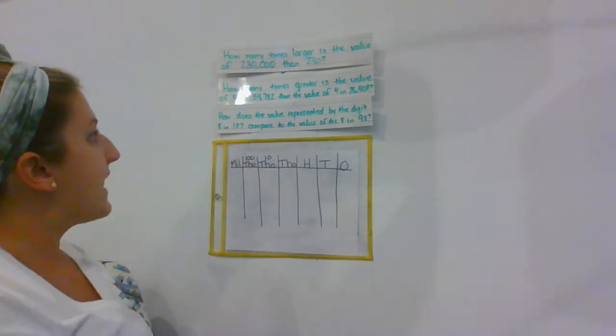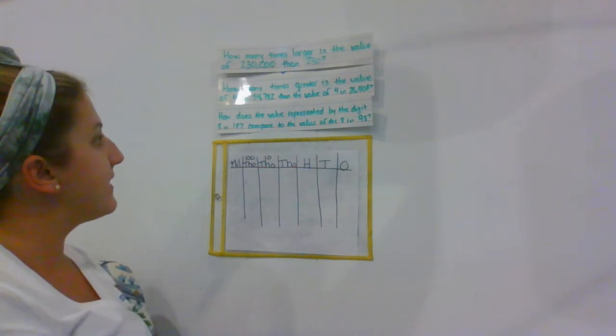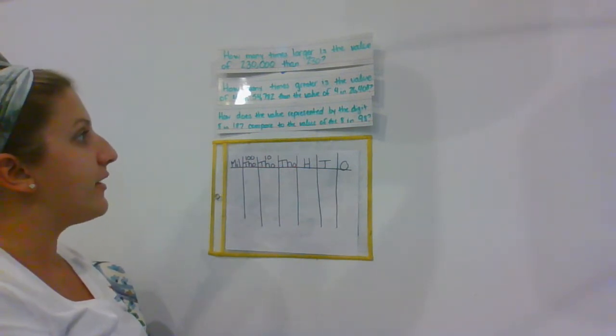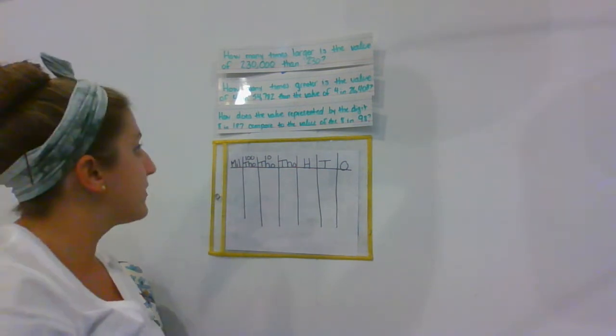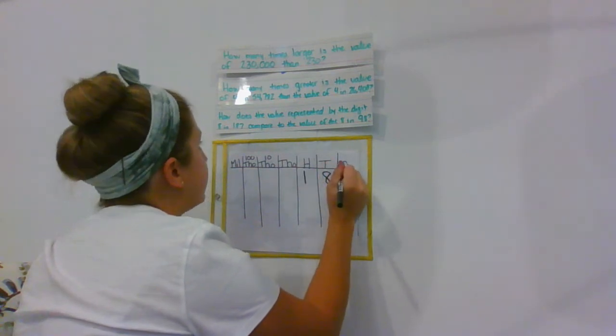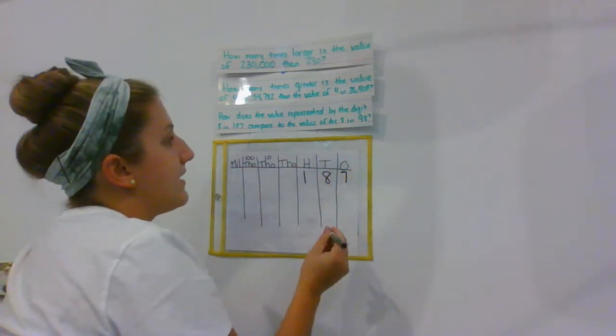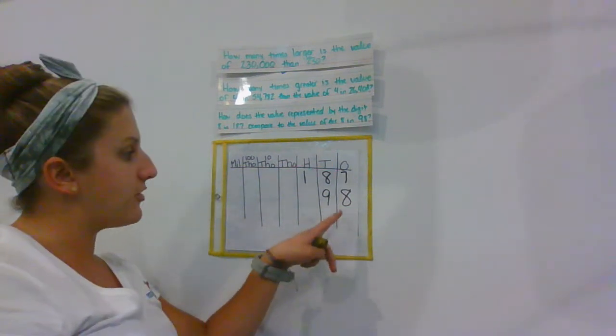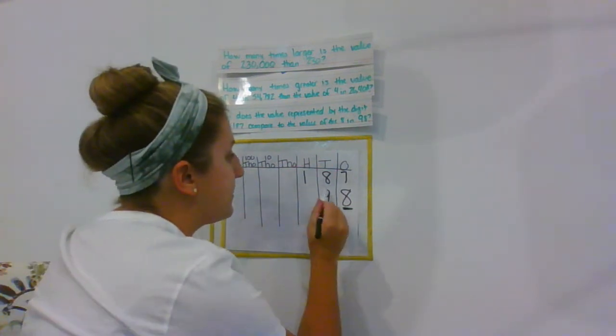Last question says, how does the value represented by the digit 8 in 187 compare to the value of the 8 in 98? So I'm going to again put both numbers in here, 187 and 98. It's asking me about the value of 8, so I'm going to underline both 8s.